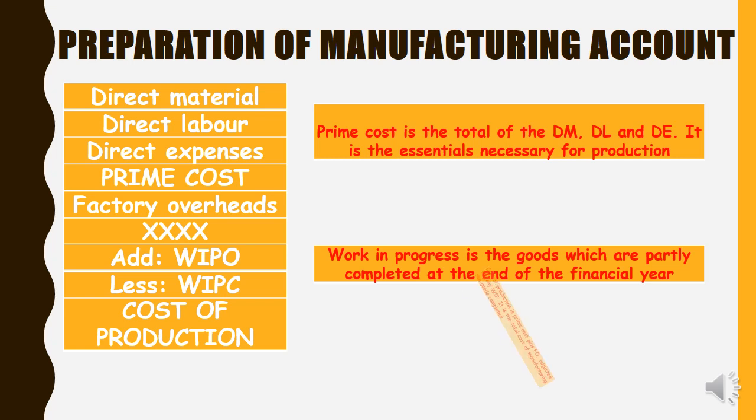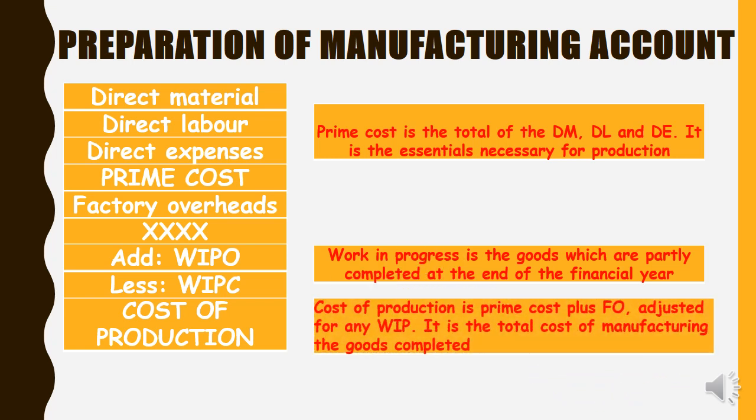Then the IGCSE question also sometimes will ask you to define the cost of production. How to explain? Cost of production is the prime cost plus factory overhead adjusted for WIP. WIP means work in progress. Or you can explain in the easiest way: it is the total cost of manufacturing the goods completed.